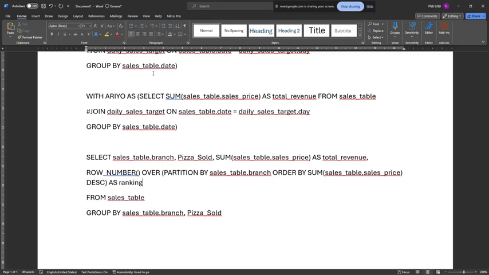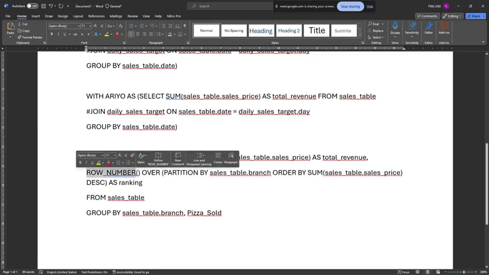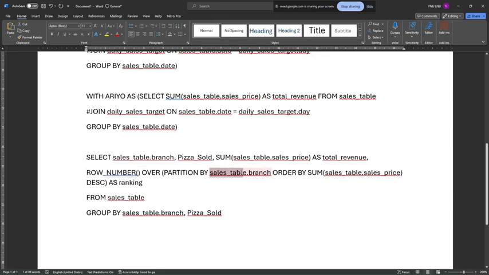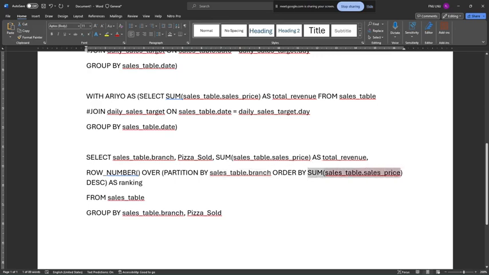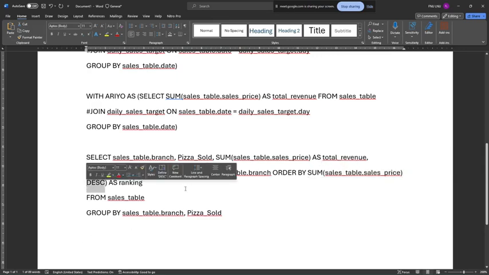We have more than one function here: ROW_NUMBER is a function, then OVER, PARTITION BY. I will explain all these things. Then ORDER BY the sum of sales price, that is the total revenue, in descending order, from the highest to the lowest.